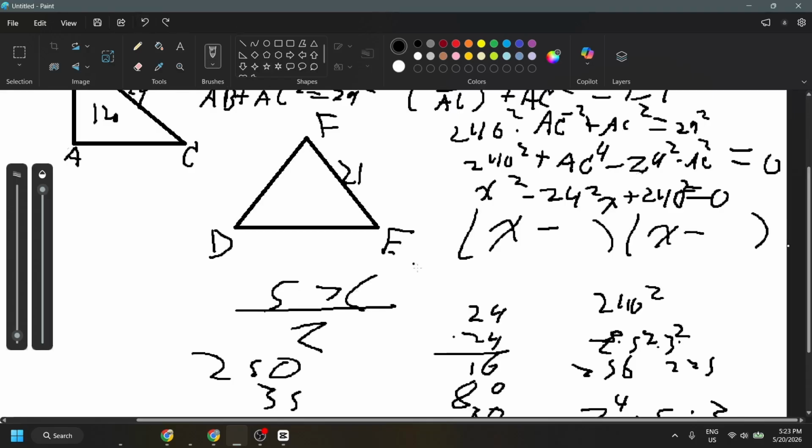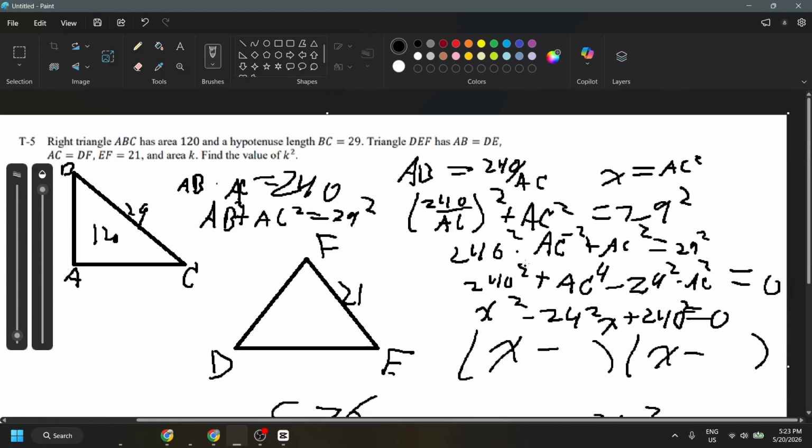Hmm. What could I have done wrong? Oh, I'm just slow. This is 29 squared.